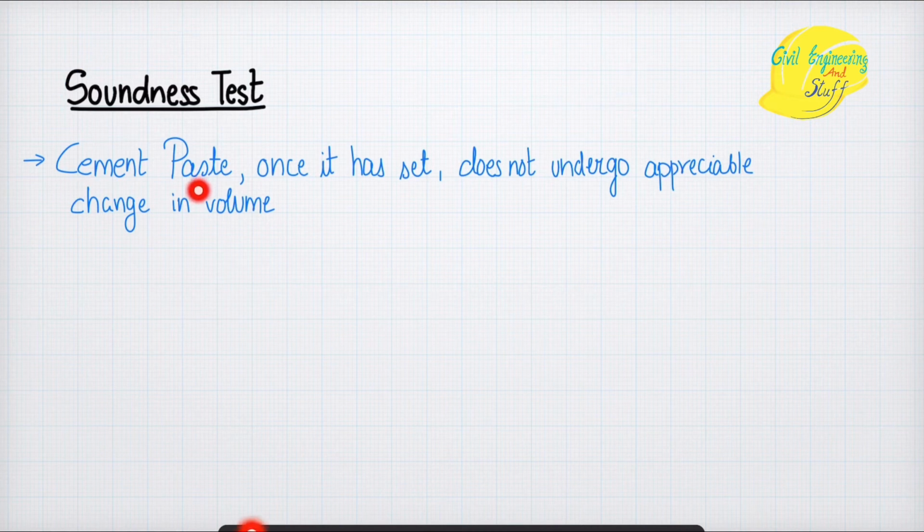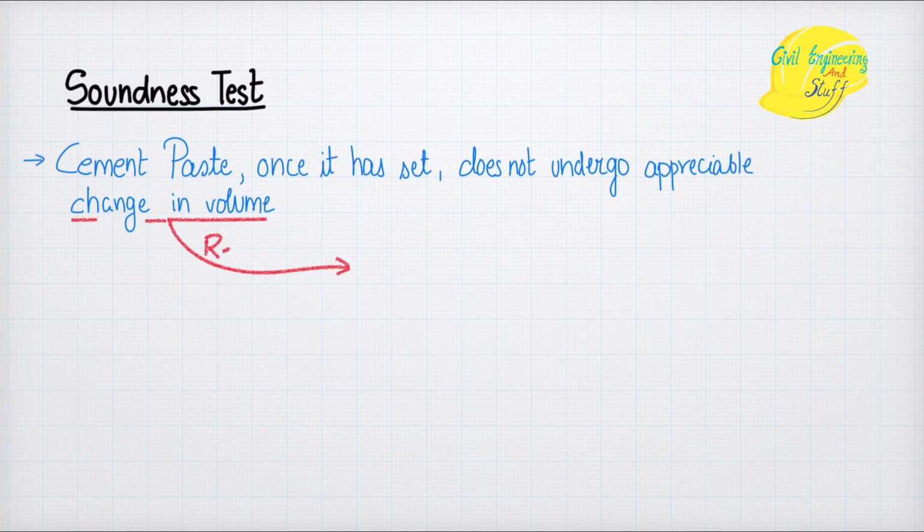The cement paste should not undergo appreciable change in volume. Suppose you have created a structure and it has hardened; you do not want the cement paste, after it gets hard, to change its dimensions. You do not want that.